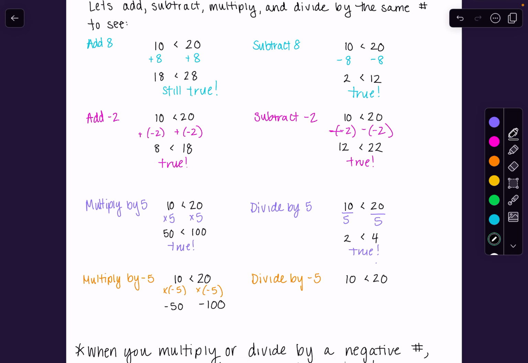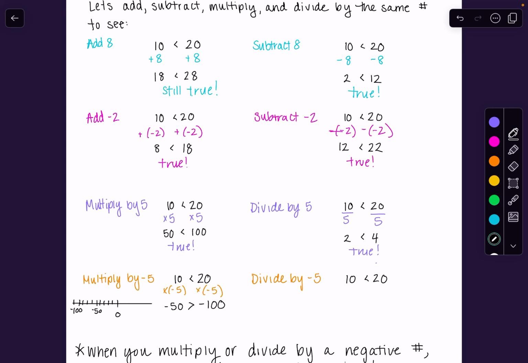Now the problem is, if you were to think about graphing these on a number line to talk about which one's bigger, here's 0. You're going out and counting by 1 each time. Negative 50 would be here. And then you keep going. Negative 100 would be over here. So technically the bigger one is negative 50.